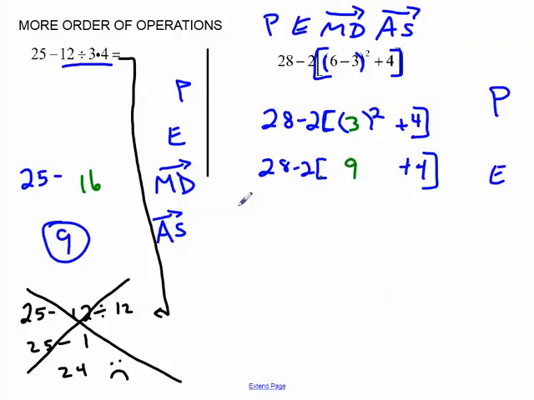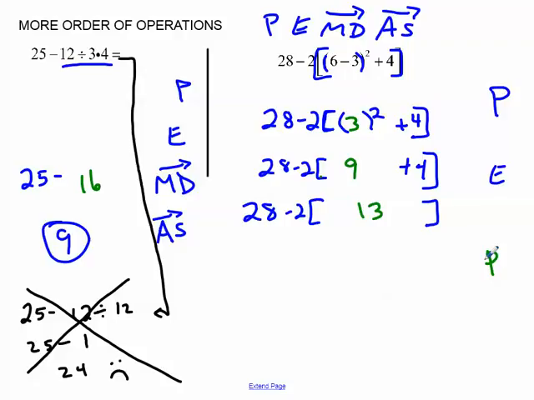Addition, subtraction? Absolutely. So 28 minus 2 didn't change. We still got the square bracket. 9 plus 4 gives me 13. And that was our evaluation of the square bracket. We evaluate that square bracket first by following PEMDAS inside the square bracket. Now that we've evaluated the square bracket, we go outside the square bracket. Now we do again a PEMDAS.